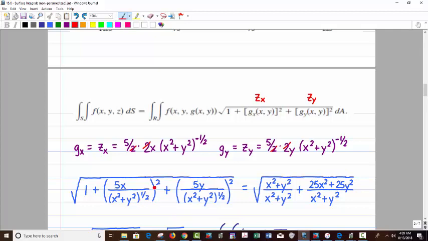When you square that denominator, it's just going to be x squared plus y squared because the 1/2 will be gone. Same thing here. So I decided, let's get a common denominator. That's probably going to be a good way to do this. So I rewrote 1 as x squared plus y squared over x squared plus y squared. And then these two terms can be put together in the same numerator because they now have the same denominator.